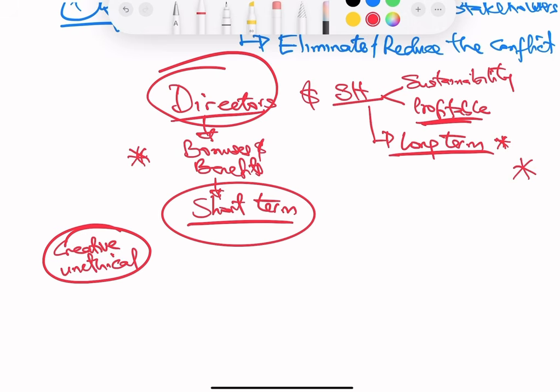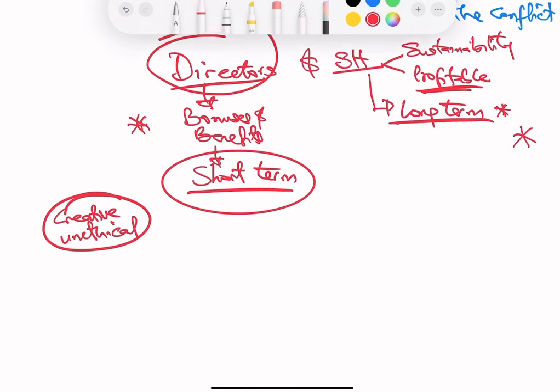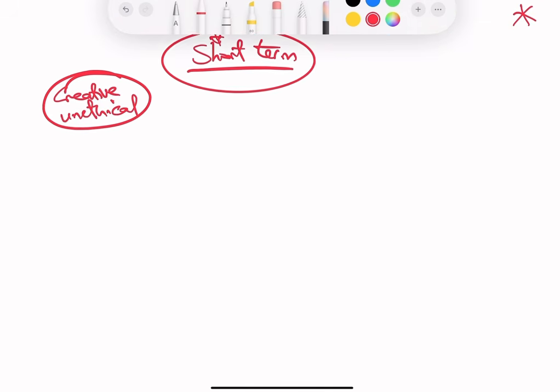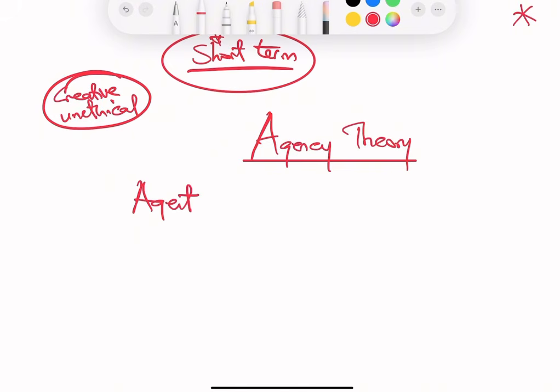So that conflict exists, and that is why we need to talk about what we call agency theory. And before I talk about the theory itself, who is an agent? Because when we are talking of agency theory, we are talking of the relationship between the agent and the principal, and the conflict between the two.